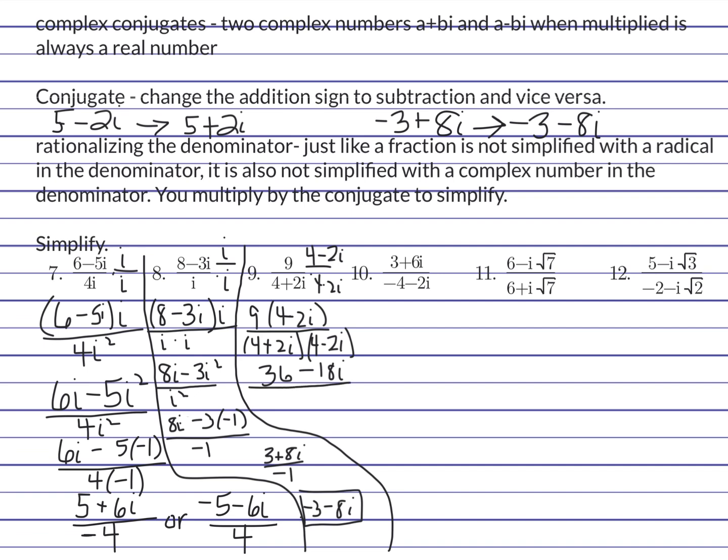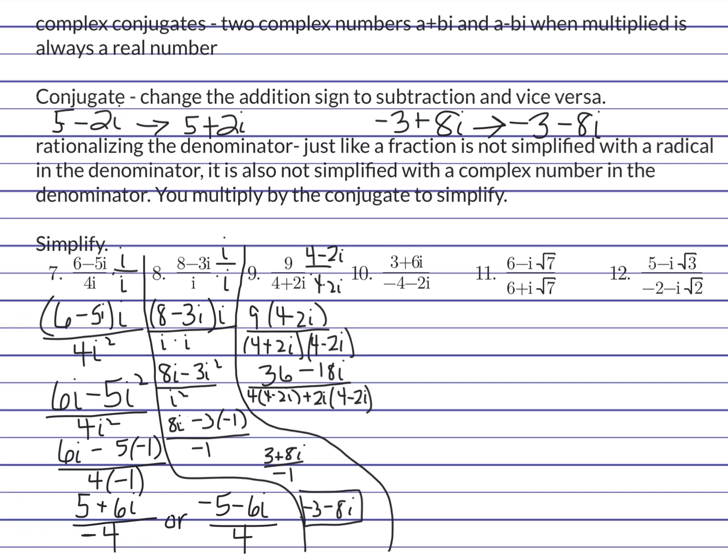divided by, and I'm going to do the same process I did on the last problems. I'm going to multiply 4 times that second binomial, 4 minus 2i, and then I'm going to multiply positive 2i times that second binomial, 4 minus 2i. Let me highlight to show what I'm talking about there.